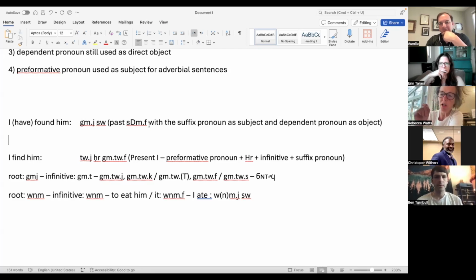Does it always come with a tense? Does that imply a tense then? Sejemef implies the past. In late Egyptian, yes, past or future. When you see something that looks like the root of the verb plus suffix pronoun, then the grammarians are going to call that the sejemef form.